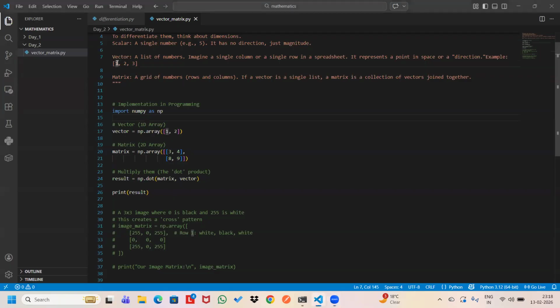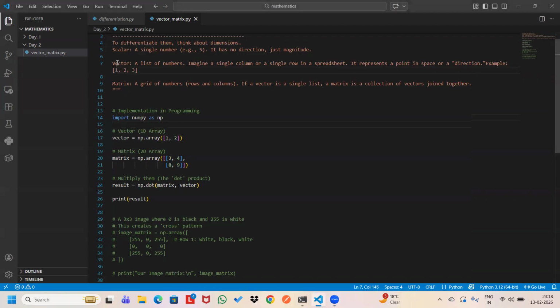If I write 15 here, you can consider that 15 as a height, and 22 as weight, and 13 as age. So this is a collection of a person's height, weight, and age.